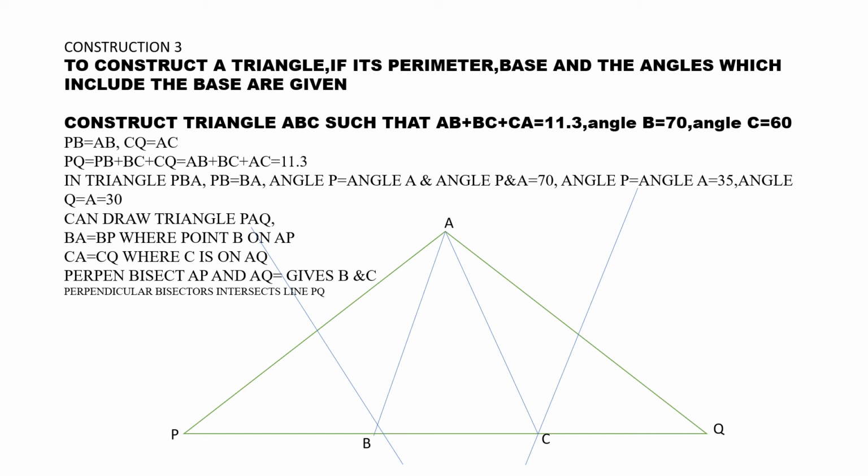From A also you have to do this, you will get this, and then you have to join both the lines. After joining, wherever it intersects this line, you have to join AB. This will be your ABC triangle, right?